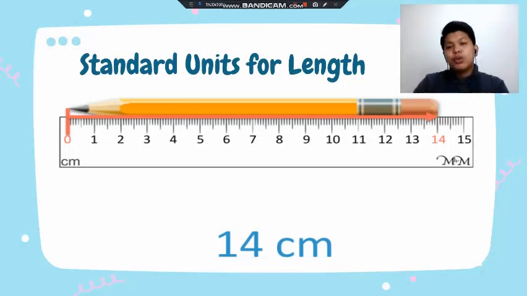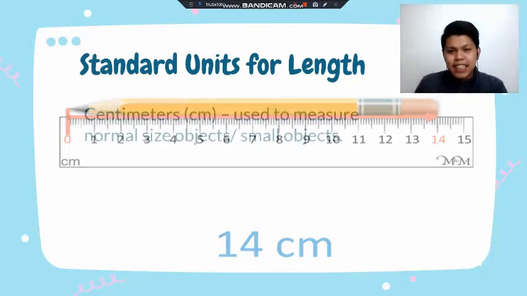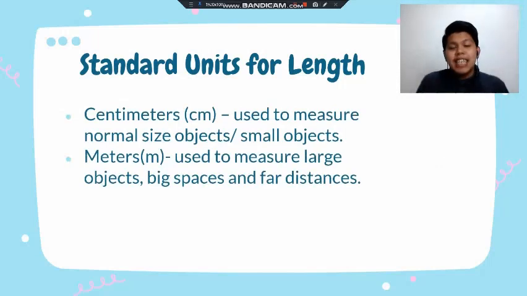There is one more measuring unit that we may use in order for us to measure longer objects, longer spaces or distance, which is what we call meters. We can write it as small m.